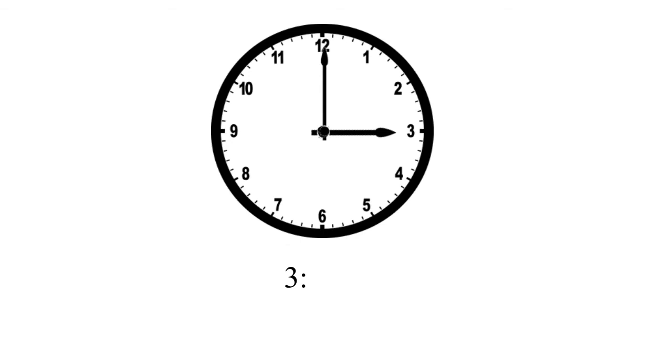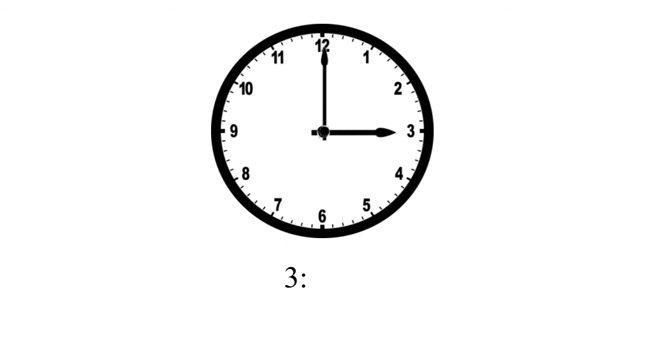When the minute hand is at the 12, that means 0 minutes. Then the 1 is 5, 2 is 10, 15, 20, 25, 30, 35, 40, 45, 50, 55, and then back to 0. All we have to do is count by 5.